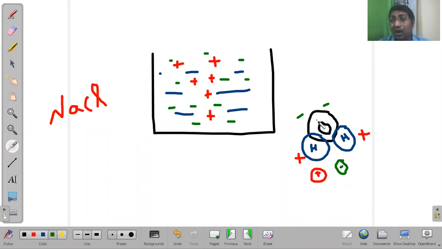Once again, oxygen of this molecule or of a different location will pull the sodium ion, and hydrogens of this or a different water molecule will pull the chlorine. So even though these two want to come together, it's not just one water molecule, there are hundreds of water molecules doing this.